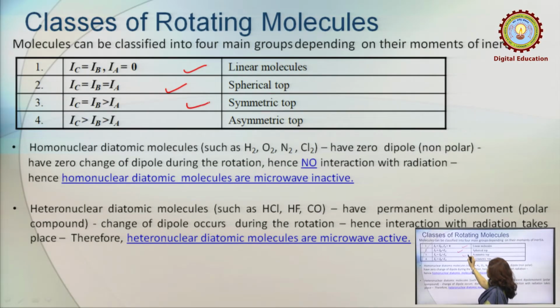This is the case of a symmetric top, which we discussed in the previous slide, and this is the asymmetric top, where along the z axis the moment of inertia is more in comparison to the y axis and in comparison to the x axis.